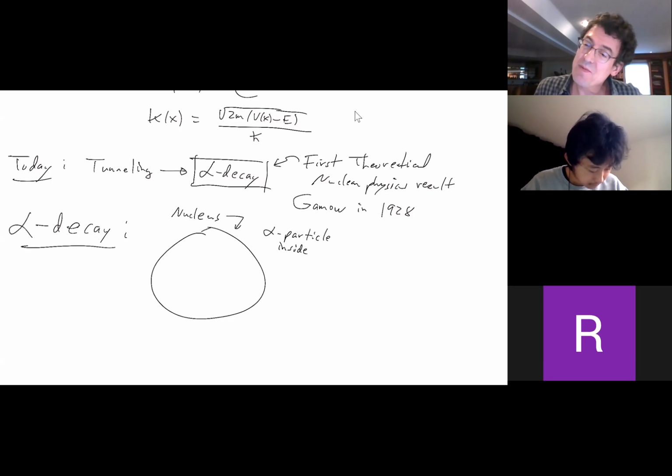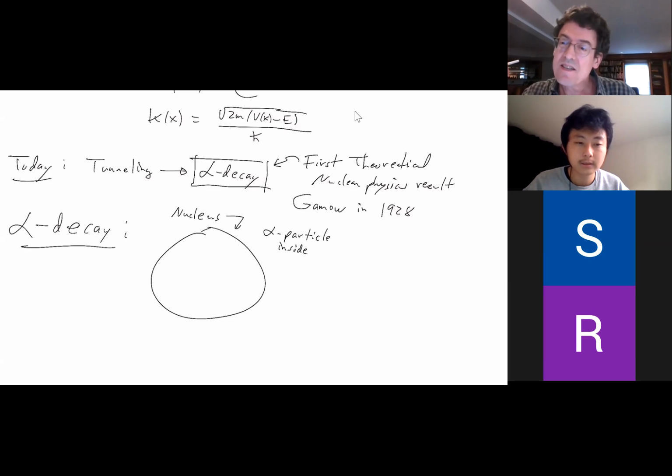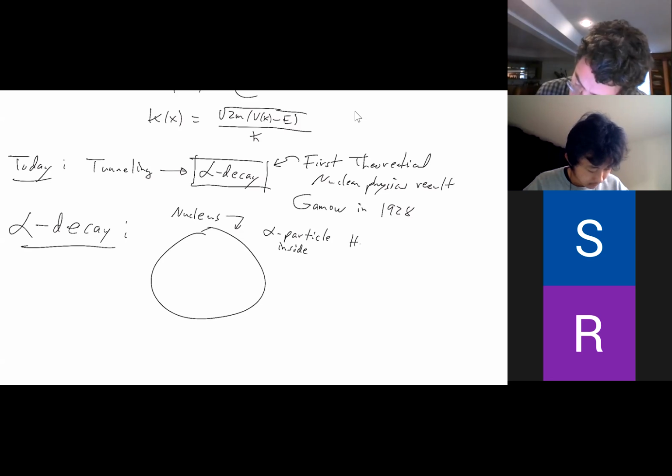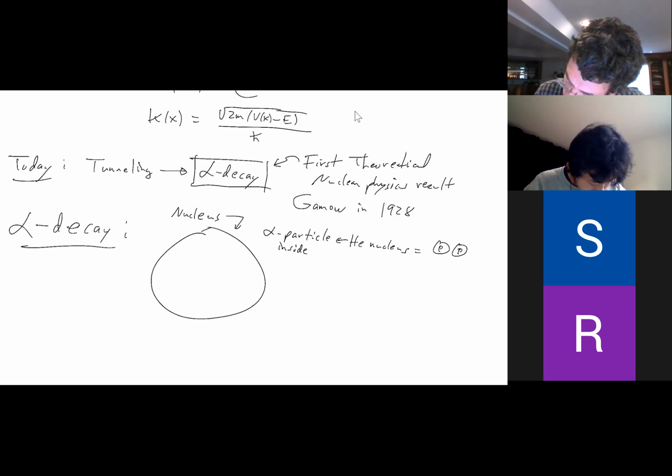Can somebody tell me what an alpha particle is? It's a helium nucleus. Right. And what is it made out of? 2 protons and 2 neutrons. Exactly, thank you. Helium nucleus equals 2 protons and 2 neutrons.